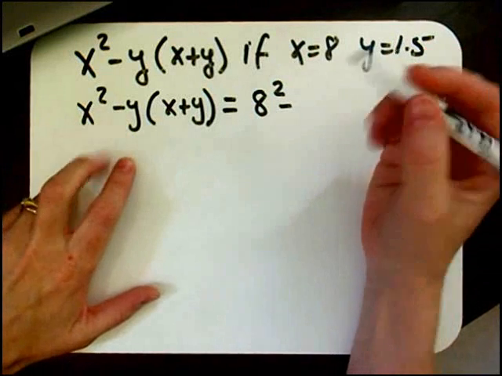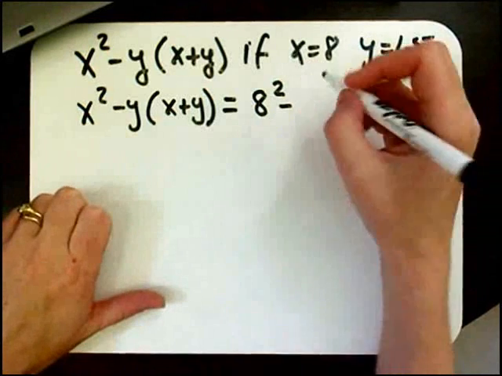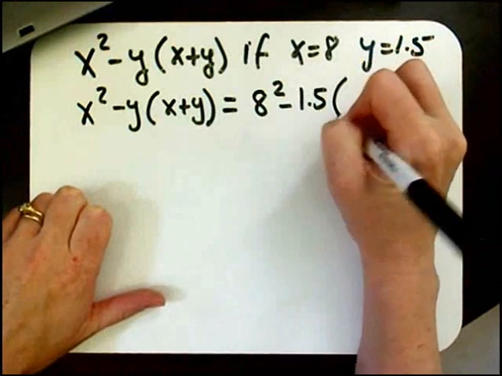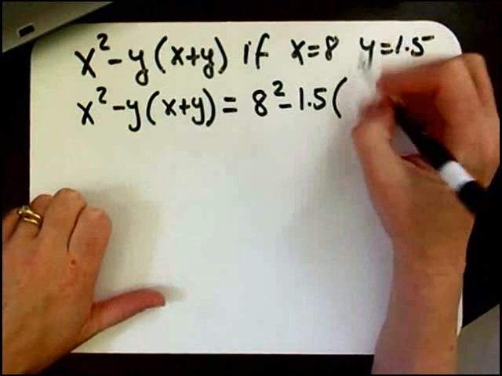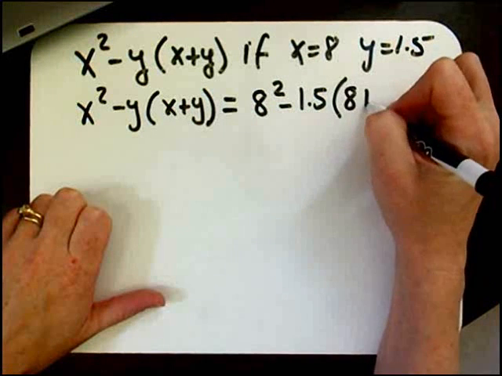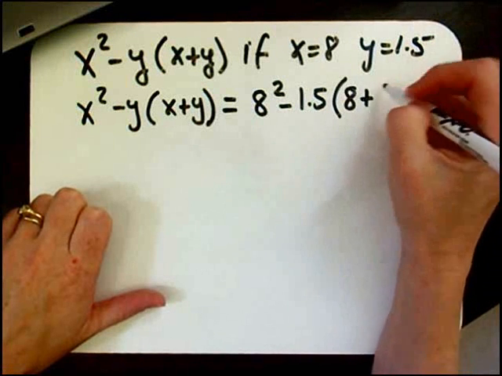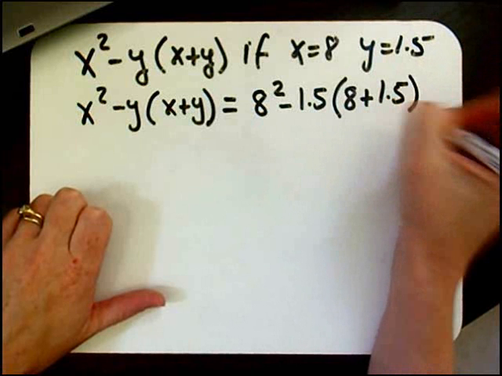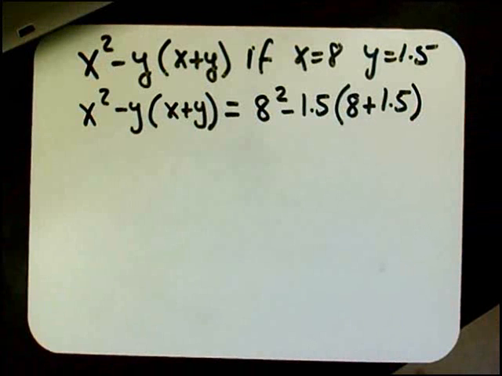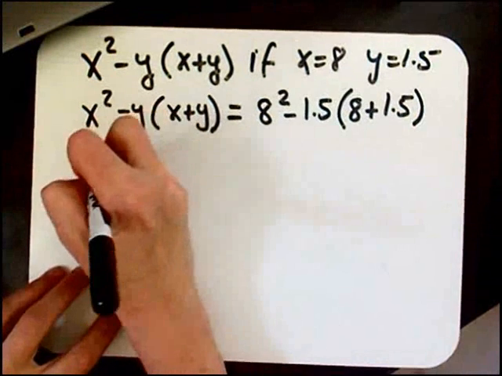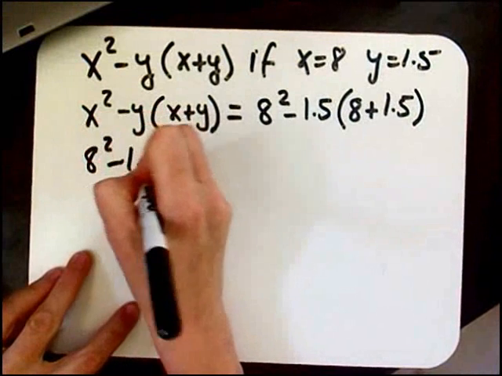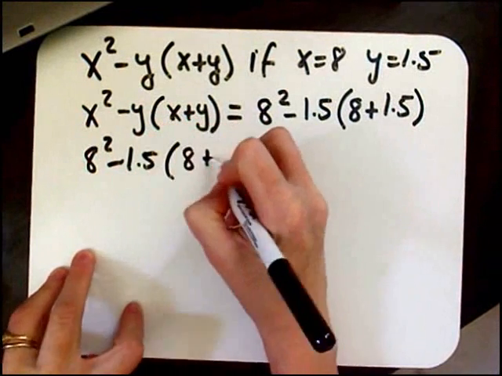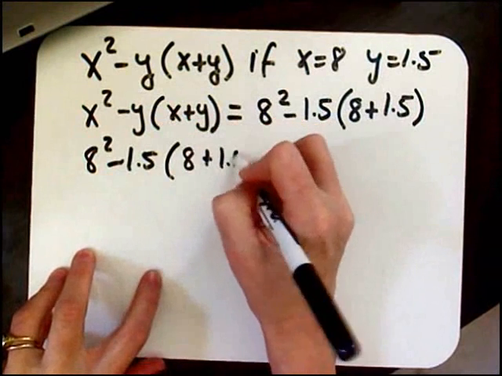So we have x squared minus y, or 8 squared minus 1.5, open parentheses, x, which is 8, plus y, which is 1.5, close parentheses. So now we have 8 squared minus 1.5, open parentheses, 8 plus 1.5.